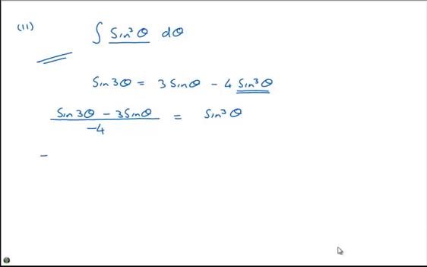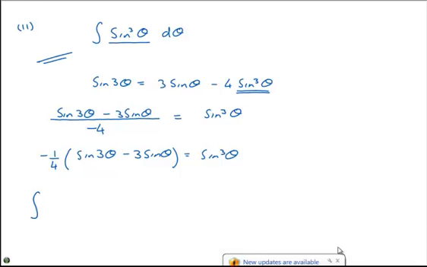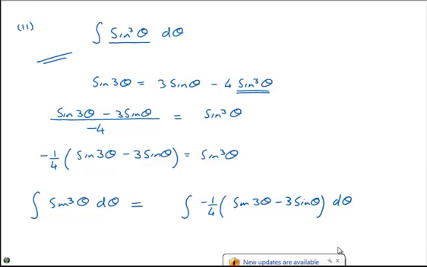Of course, that's minus 1 over 4. So in other words, the integral of sine cubed theta d theta can be rewritten as the integral of minus 1 over 4 multiplied by sine 3 theta minus 3 sine theta d theta. This is a constant, so it's going to pop to the outside.